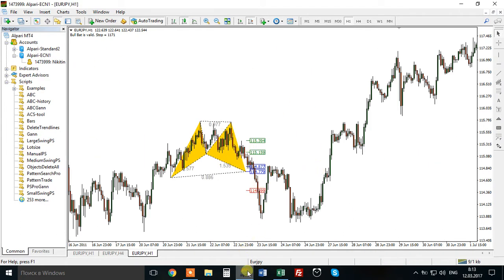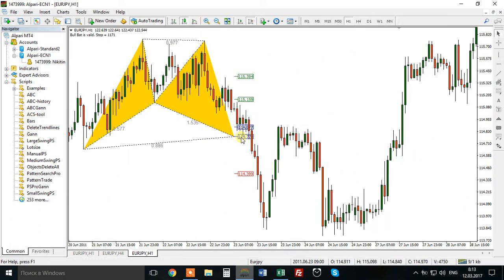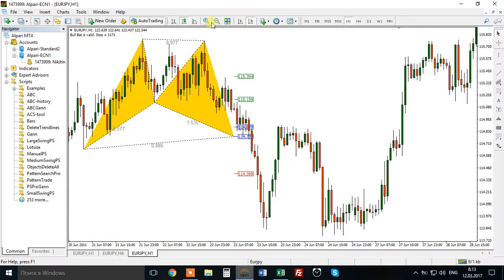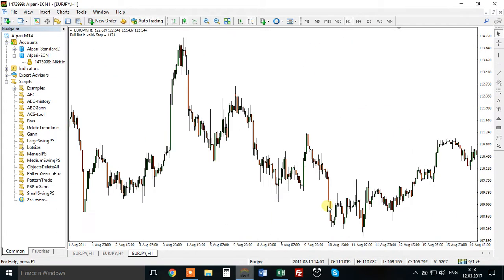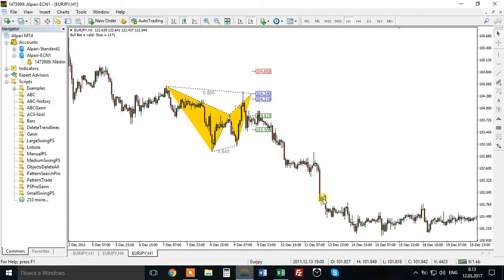A loser. Let me zoom it in. We had these spikes. Didn't hit any targets. It was a loser. Going next. Obviously spiked through the entry and went to the target.